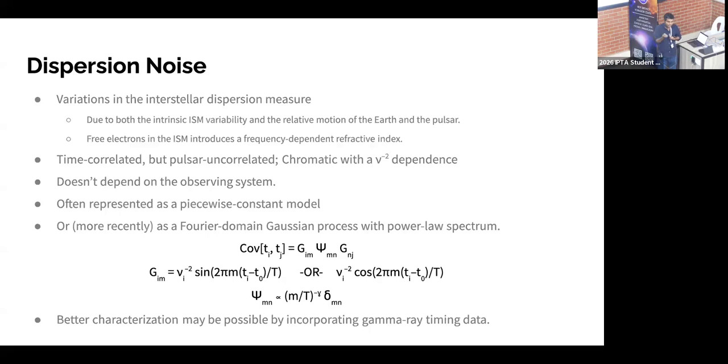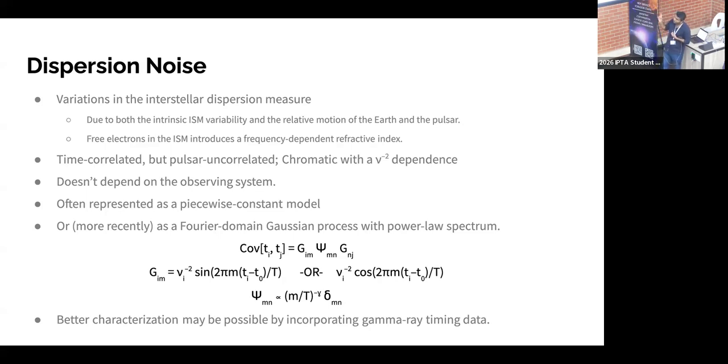So the line of sight between the Earth and the pulsar is not actually seeing the same part of the interstellar medium all the time. So due to these two reasons, we will see variations in the observed electron column density along our line of sight, and that manifests as what is known as the interstellar dispersion noise.